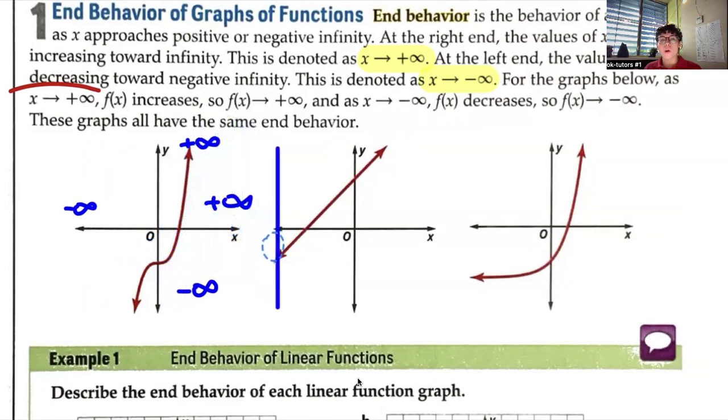Also in this one, look, when x tends to positive infinity, y is also going to positive infinity. And this one right here also does the same. When x tends to positive infinity, y also goes to positive infinity. Okay, so all of these end behaviors are exactly the same.